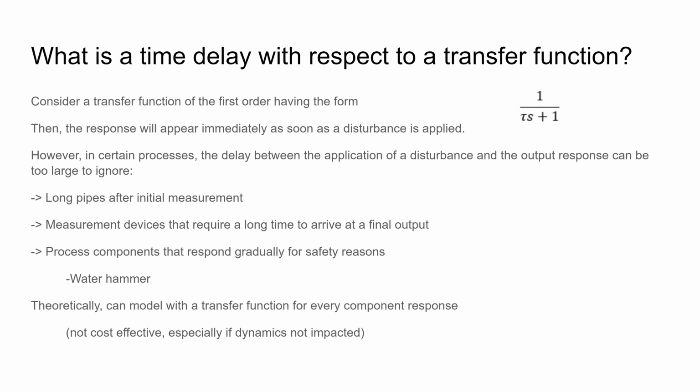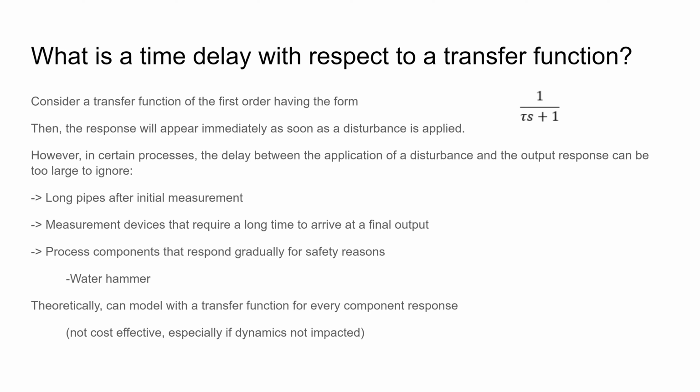Or perhaps you'll get a delay in measurement. An example of that would be a long pipe after an initial measurement. Another example would be if you use a measurement device that requires a long time to arrive at final output.